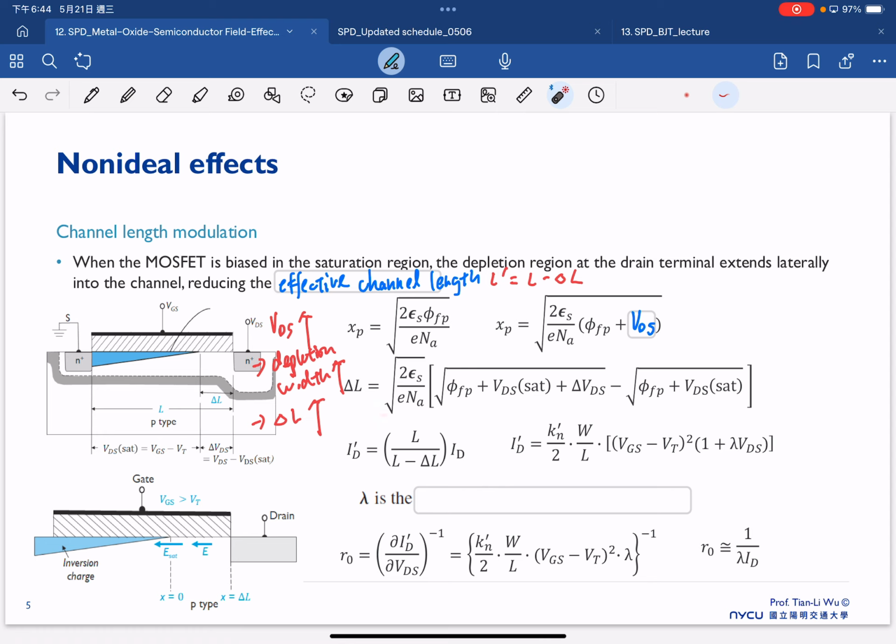Our new current is related to the original channel length over the effective channel length. Therefore our ID prime can be expressed as shown here, where we define a parameter lambda, called the channel length modulation parameter.